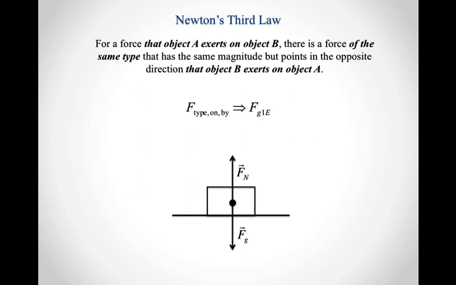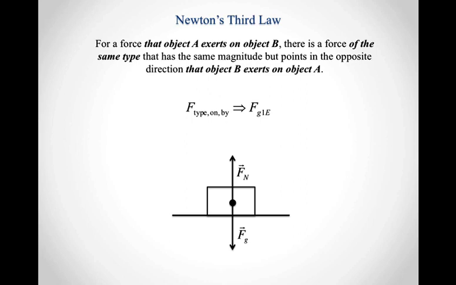The more accurate way to think of Newton's third law is that for a force that object A exerts on object B, there is a force of the same type that has the same magnitude but points in the opposite direction that object B exerts on object A. A more complete way to denote the forces within a free body diagram would be to indicate not just what type of force it is, but which object it acts on and which object is the one causing the force.